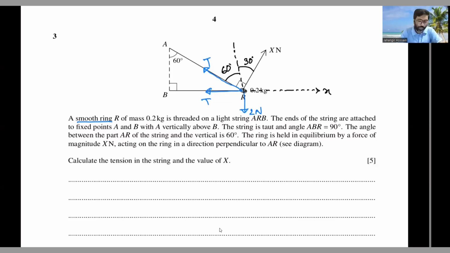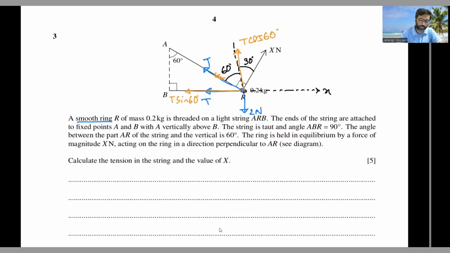Okay, now let's resolve T first. The vertical component of T is T cos 60 and the horizontal component is T sin 60.